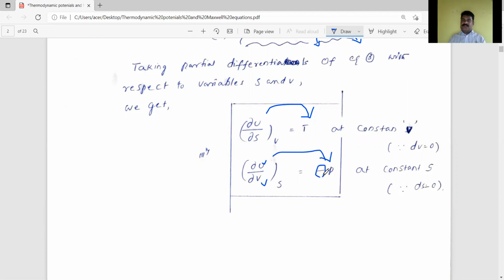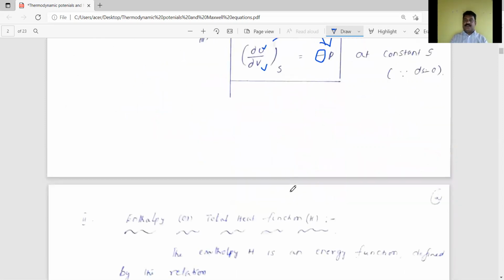Here, the negative sign indicates the work is on the system.